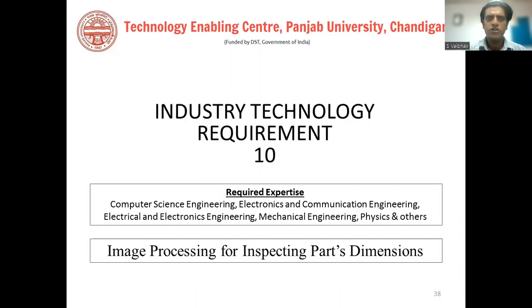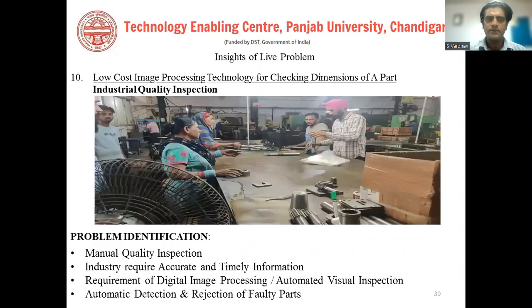The next technological requirement is for image processing for inspecting the parts' dimensions. For assessing this problem, we had visited a bicycle manufacturer industry that uses manual inspection of each and every part.